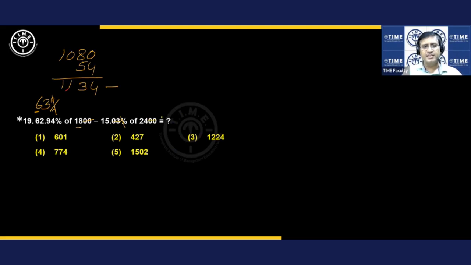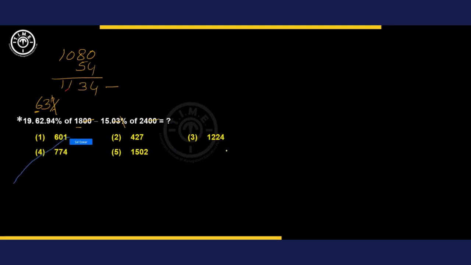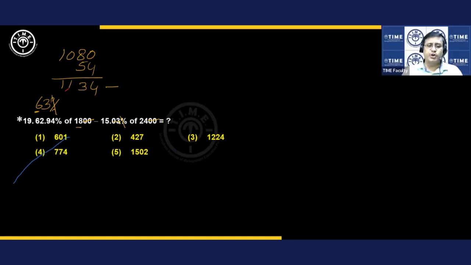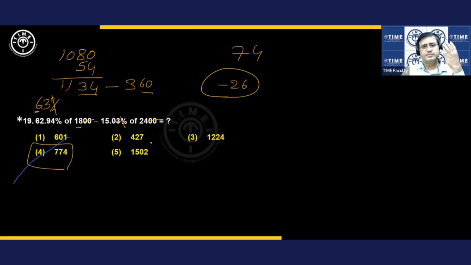Or else, here, which option? Option 4. So 15% in percentage, zeros cancel. Now simplify: 15 into 24, 20 into 15 is 300, plus 60, 360. Subtract: 34 minus 60 is minus 26.